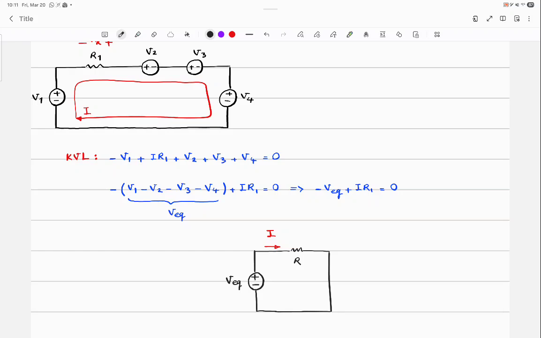Take one of the voltage sources as the one that you want to set the polarity based on. For example, I've chosen V1 as my base voltage source. I'm trying to avoid using the word reference so as not to confuse. So V1 is my base.